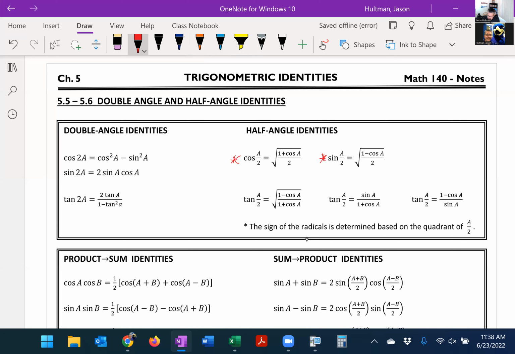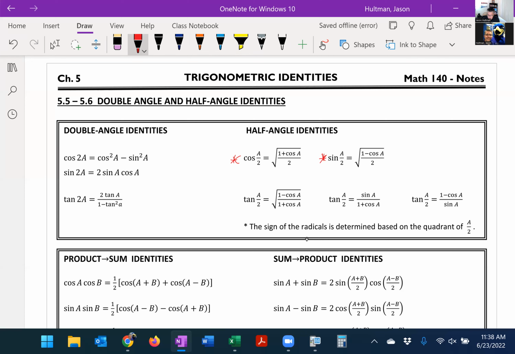The cosine of A over 2 is equal to radical 1 plus cosine A over 2. Now these two half angle identities are probably the most important when it comes to calculus. So for those of you that plan on continuing into calculus, these two half angle identities are the most useful.